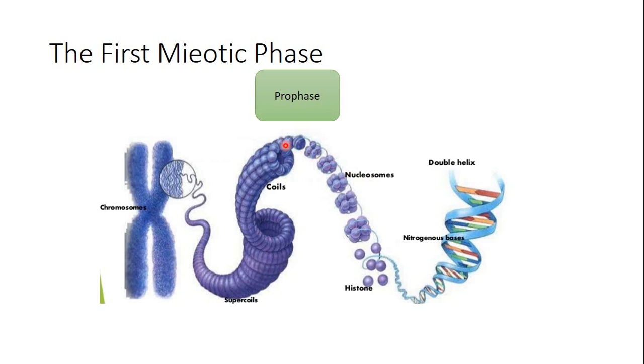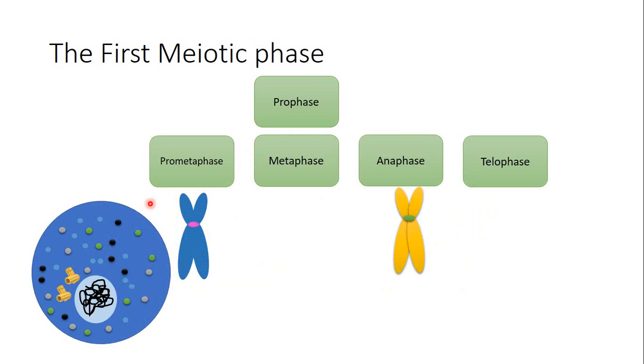These nucleosomes are coiled together, and then they form something called supercoils. These supercoils are really condensed. The DNA is getting condensed in order to be easier for the nucleic acid to be placed on the spindle.